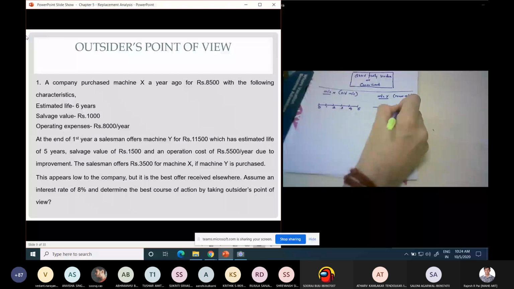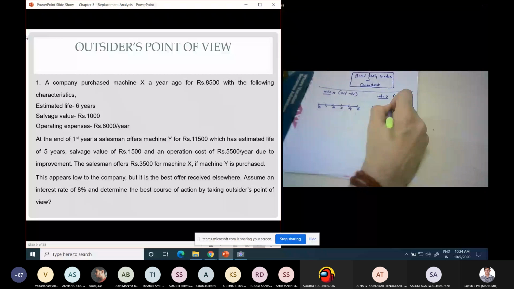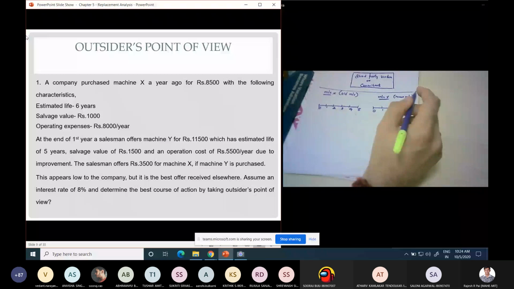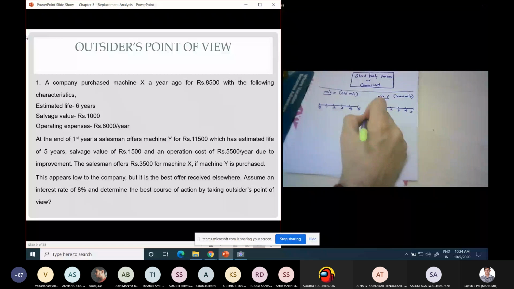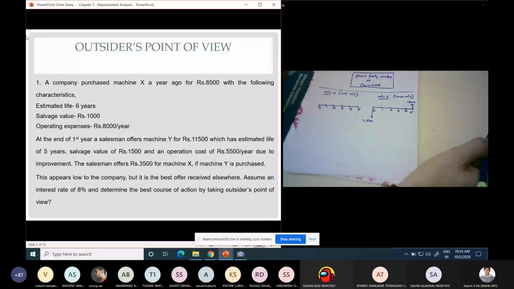It has a service life of 5 years, an initial cost of 11,500, a salvage value of 1,500, and an operating cost of 5,500 here.